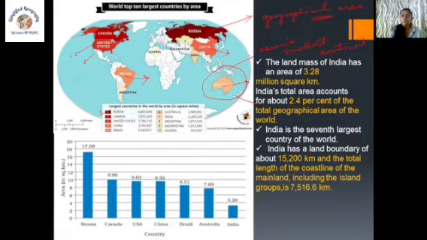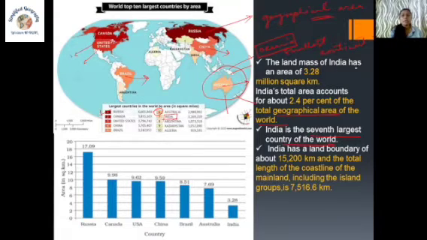Australia, New Zealand, Tasmania, Papua New Guinea, and several other small islands. Australia comes in 6th position, and our India, our dear Bharat, is the 7th largest country on the basis of geographical area.